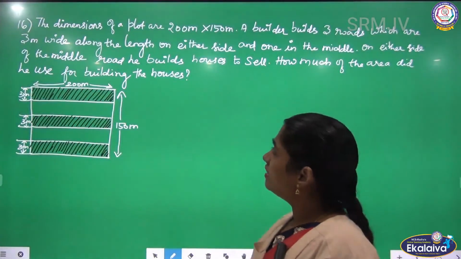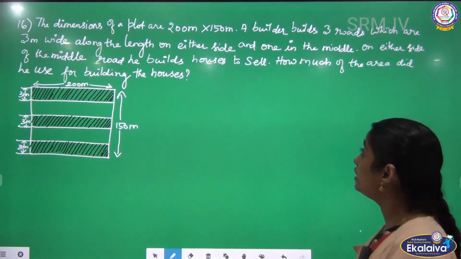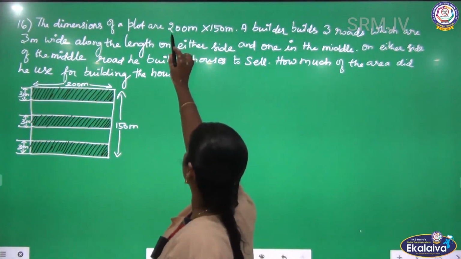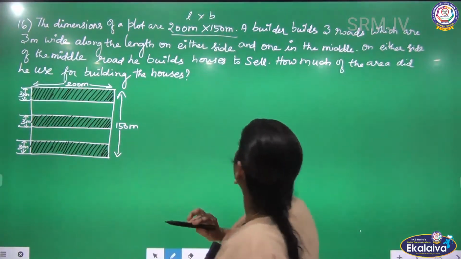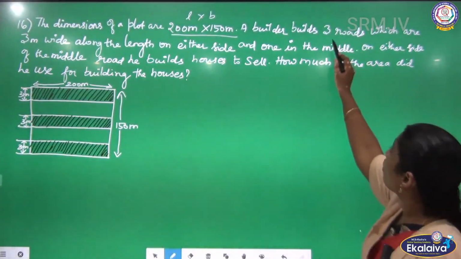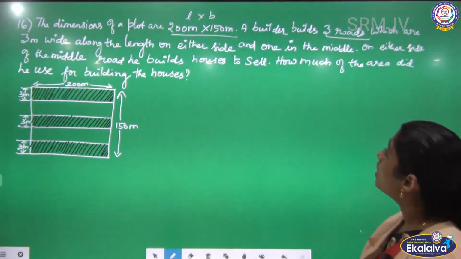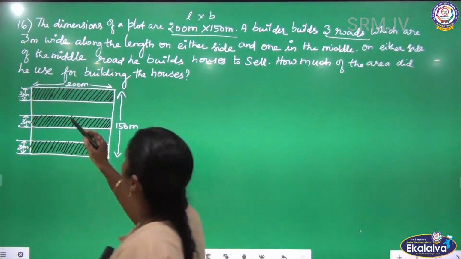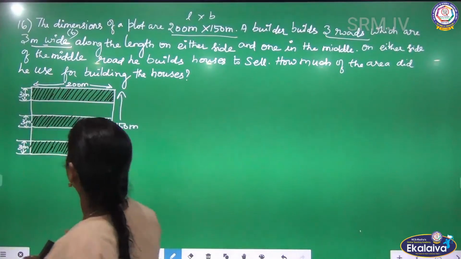Listen. The dimensions of a plot are 200 meter into 150 meter. So this is the length and the breadth of the plot. A builder builds 3 roads which are 3 meter wide. Here wide means breadth.